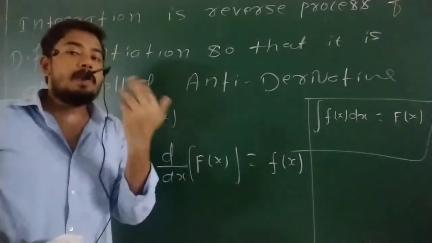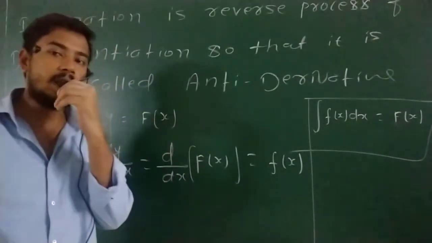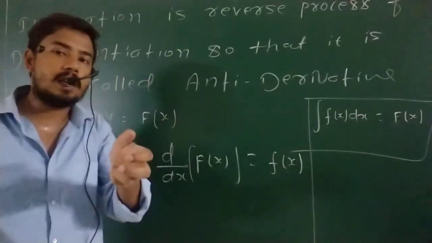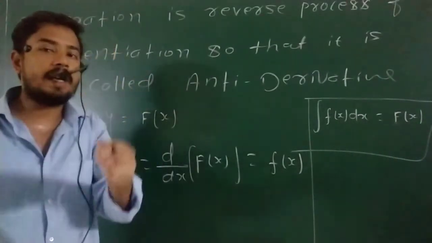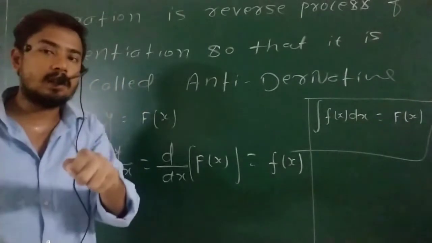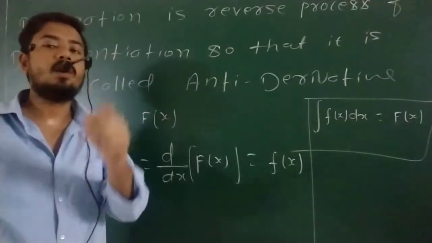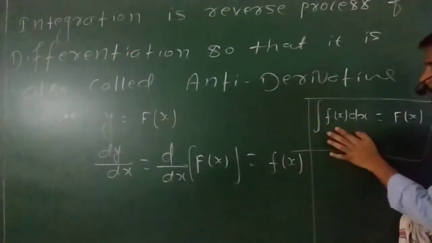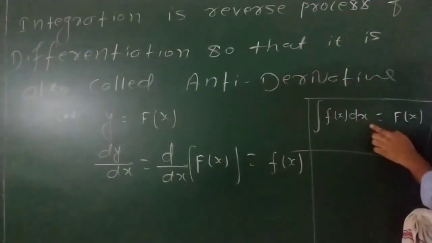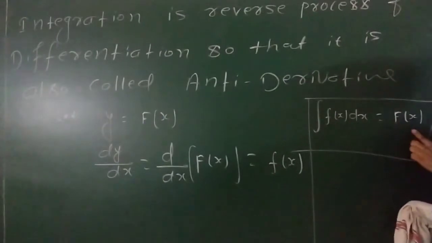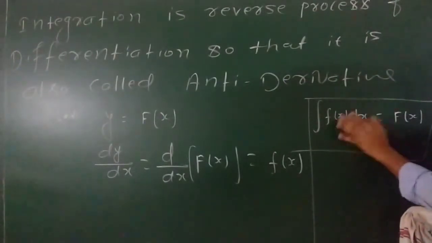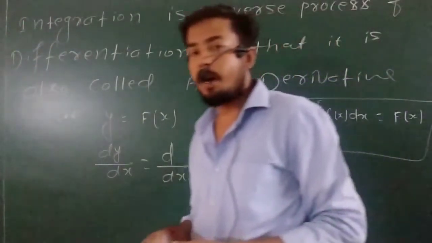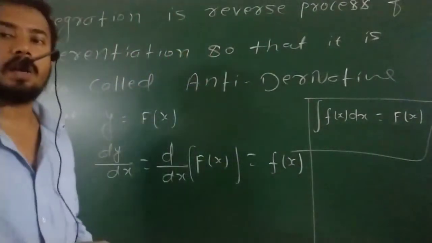So what is the meaning of reverse? Suppose that you get something due to differentiation. If you do the integration, you should again get the original quantity, the original function. So see, now I integrate this one. I got the original function. Because of that, integration is said to be the reverse of differentiation, or antiderivative.